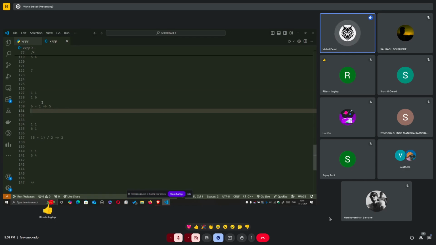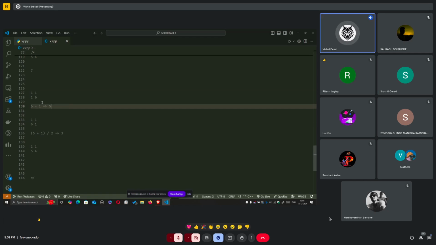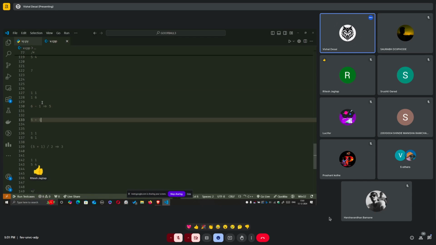And how much time do I require to cover distance 5 between any 2 points? Divided by 2, right? So we have to take the ceil value, right? Did everyone get why we have to take the ceil value?